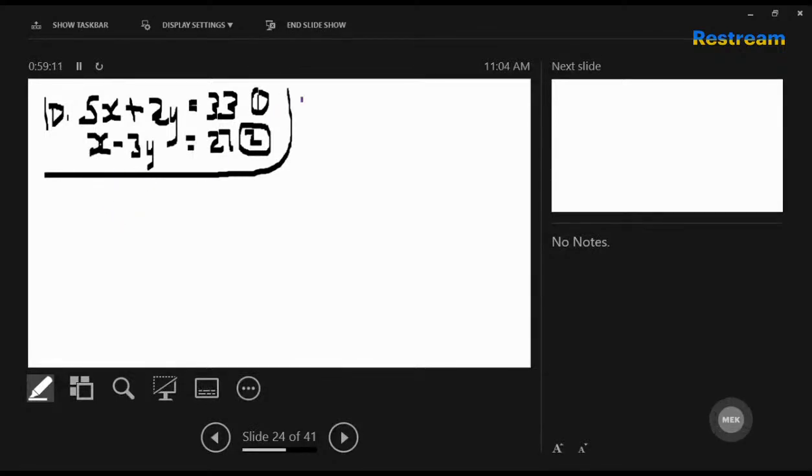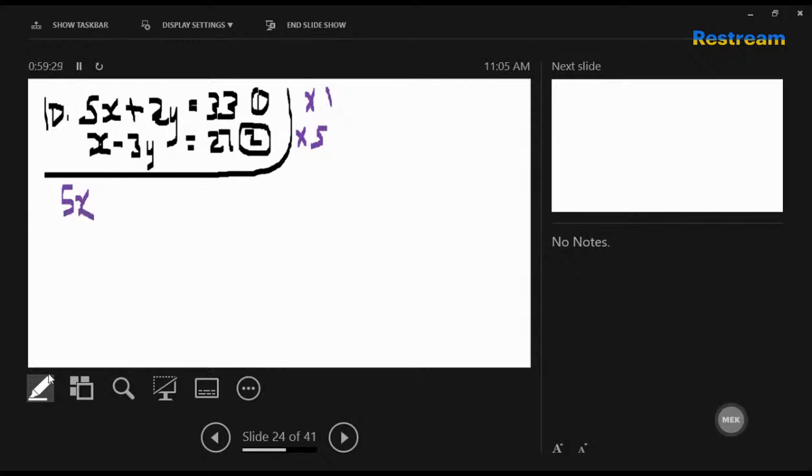So I'm going to multiply equation 1 by 1 and equation 2 by 5. So equation 1 will remain the same.